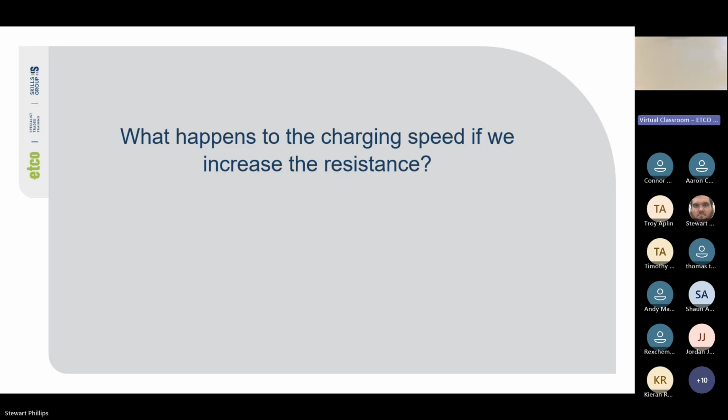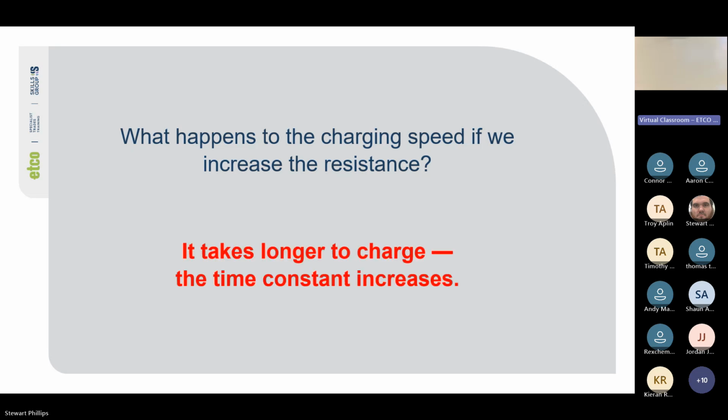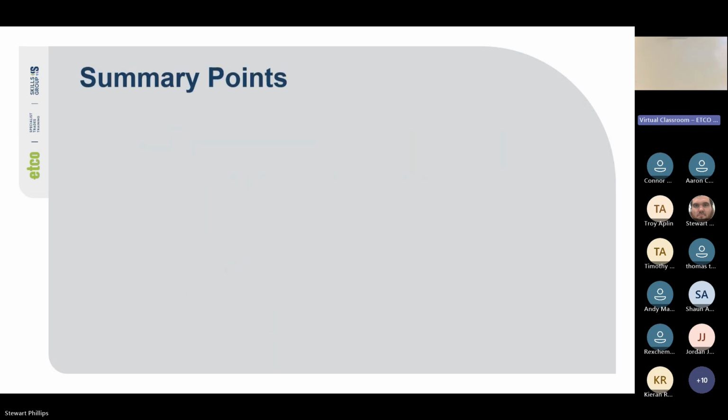Yep, it will slow down and take longer, because we've increased the time constant. The capacitance times the resistance gives us our time constant. So, some summary notes.